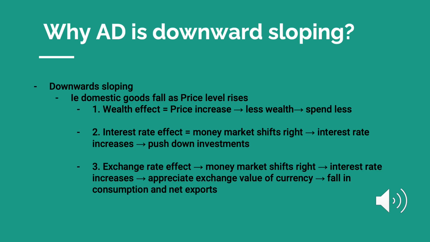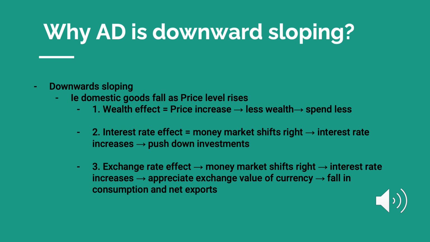There are three reasons for the aggregate demand curve to be downward sloping. One is the wealth effect: if price levels increase, the average person is less wealthy and will therefore spend less.